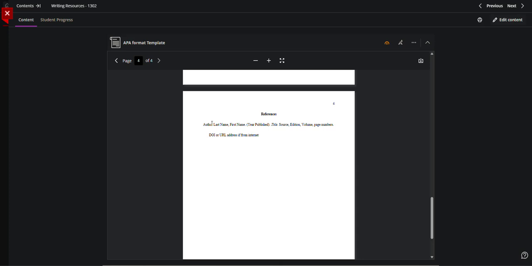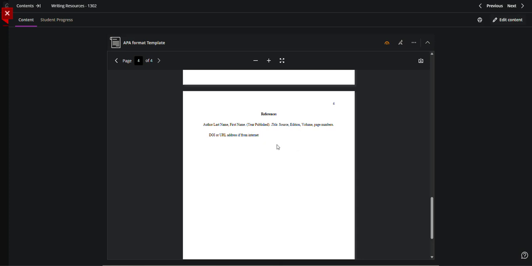But it's author's last name, first initial. They don't use their names in APA, just their initials, the year that it was published, the title of the work, where it came from, and then the URL if you got it from the internet. Notice that the title is in italics.